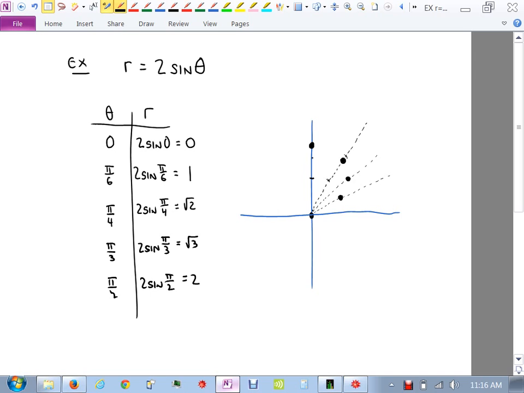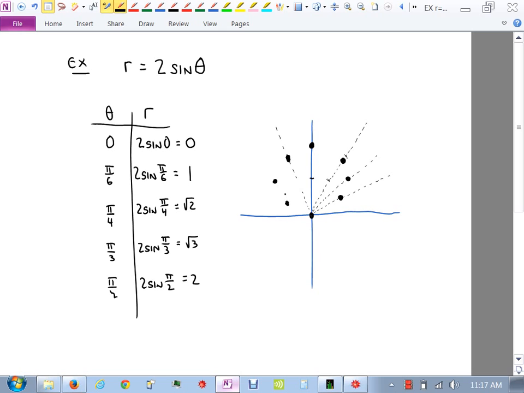Okay. So the next one, if we did that here, sine of that would be the same as on the other side, so it would be back here. Oh, it's a little low. And then everything else would still be the same. So it'd be like in here, and then back down here.